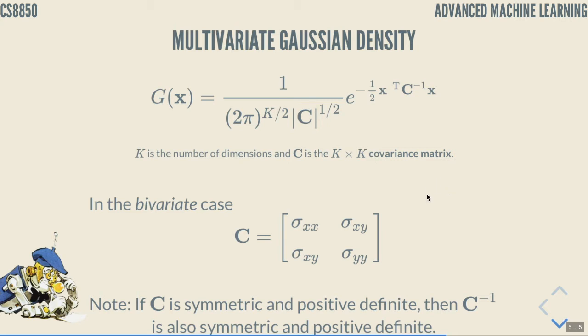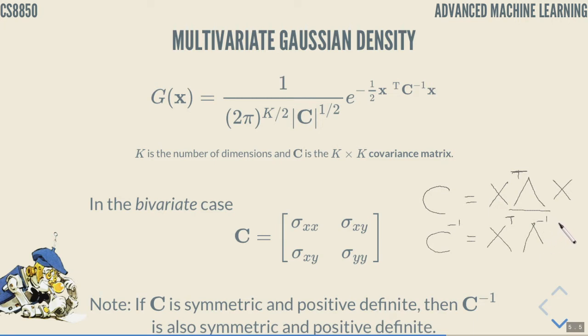Okay, I'll help you. If C is positive definite, then we have this. We can diagonalize it. Actually, we can diagonalize C if it's symmetric. Now we know that all eigenvalues, all diagonal elements of lambda, are positive.